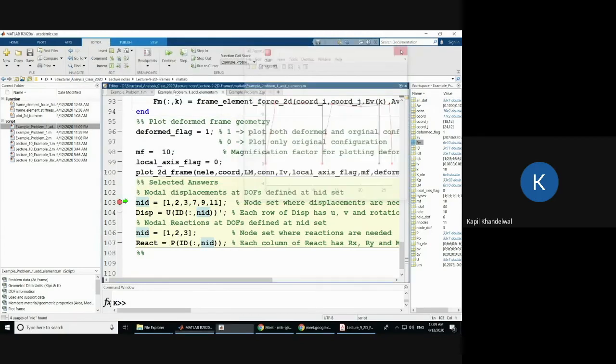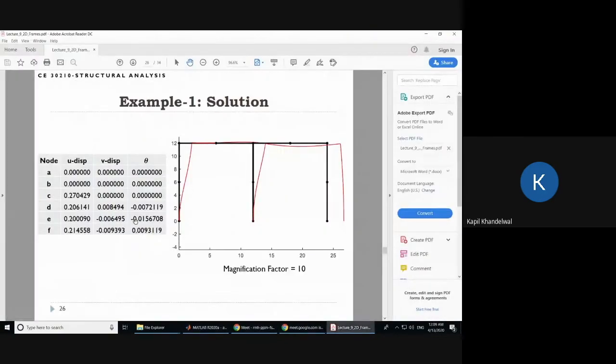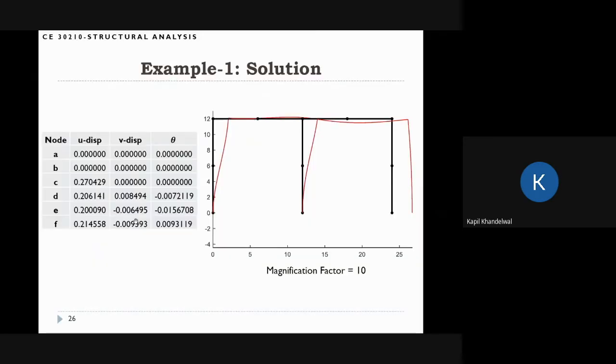One important comment I want to make is that commercial programs like SAP or any other commercial structural analysis program try to subdivide a beam or column into, let's say, 10 to 12 elements. Sometimes you don't have control over how many elements they divide into, and they don't even show you. But internally, they divide these beam and column elements into 10 to 12 elements, and then they do the analysis.